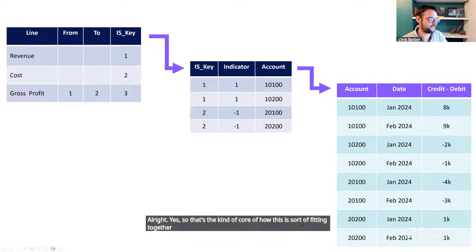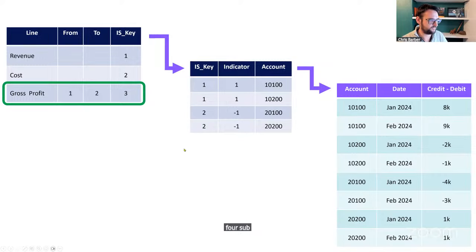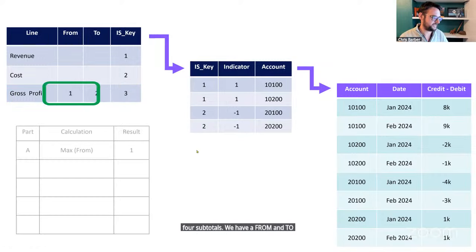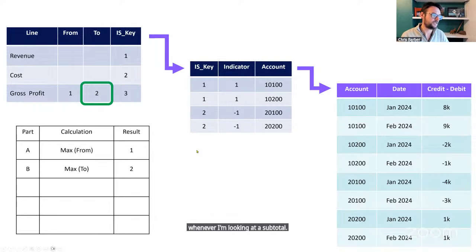We then have a table which contains our financial statements layout. For revenue and cost, it's quite straightforward. It can just link to the accounts. For subtotals, we have a from and to key. So it basically says, whenever I'm looking at a subtotal, I want you to grab lines revenue and cost.